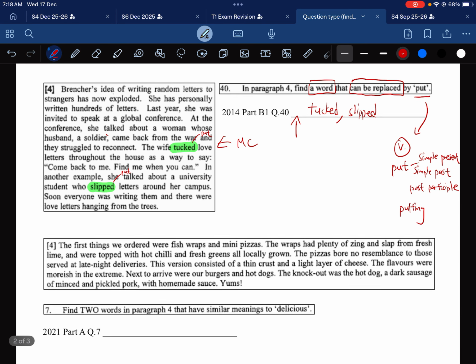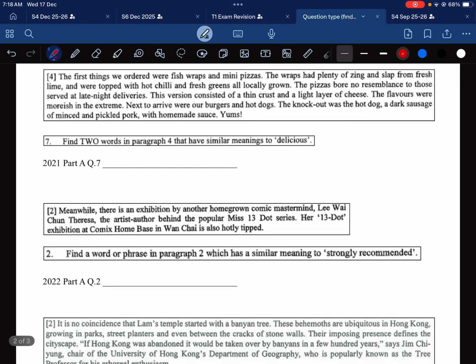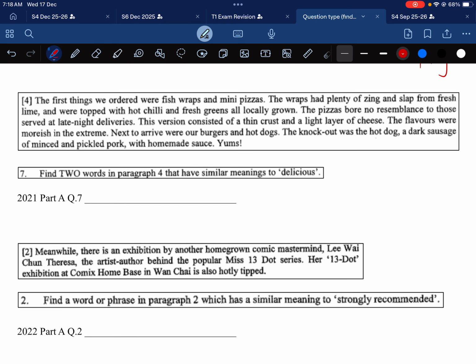Now I'm going to give you some more samples so that you can do it yourself, okay, students? So you can pause the screen from time to time to see these questions. I will just show you these questions, and then for every 10 seconds I will write the answers. Okay, for example, for these questions, we have yums, right?